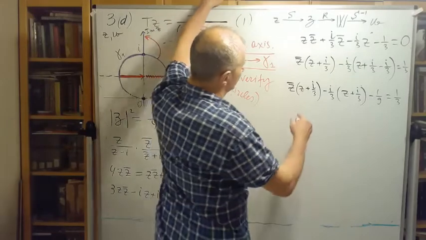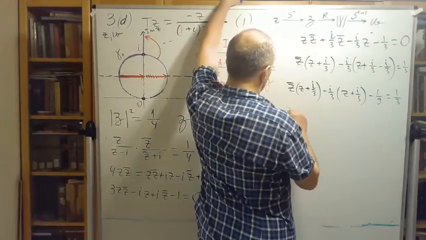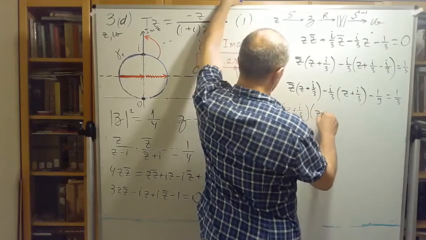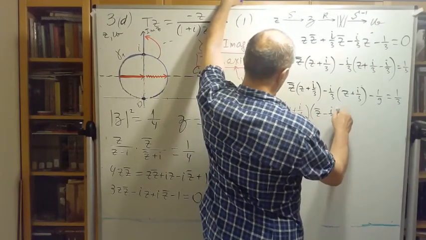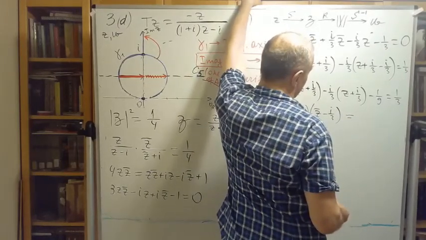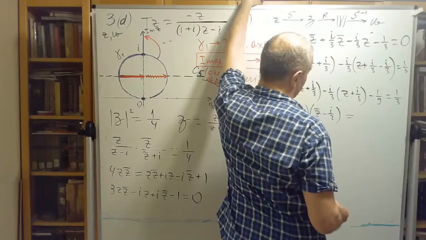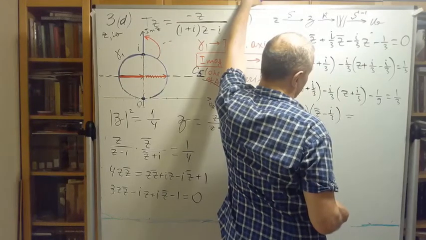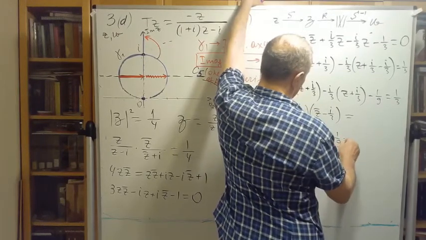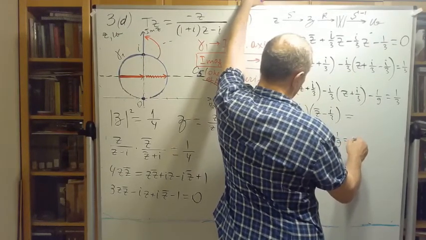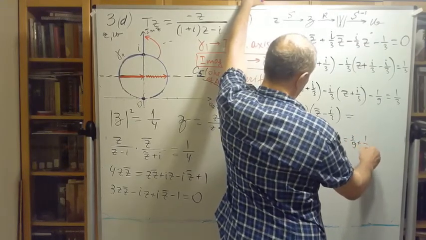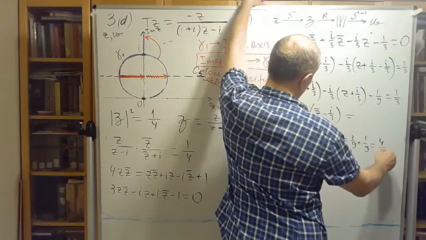So factor out z plus I over 3, and here will be z conjugate minus I over 3 equals 1/3 plus 1/9. One-third plus 1/9 will be 3/9 plus 1/9, which is 4/9, right?